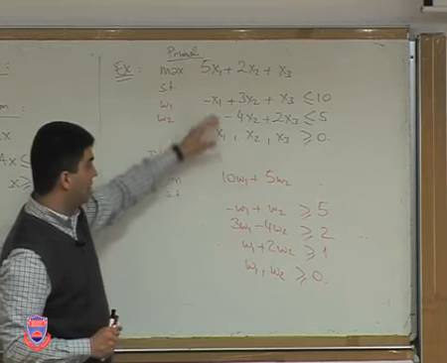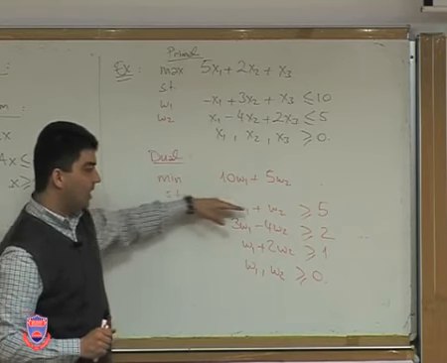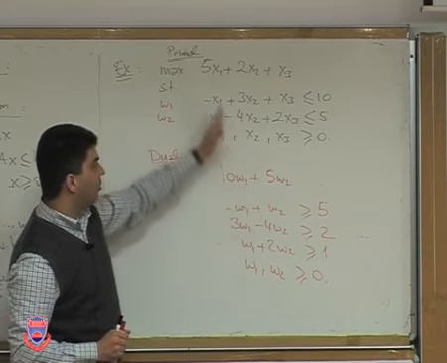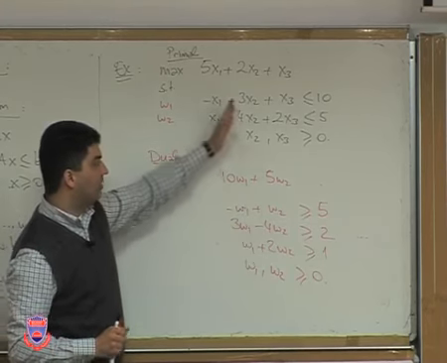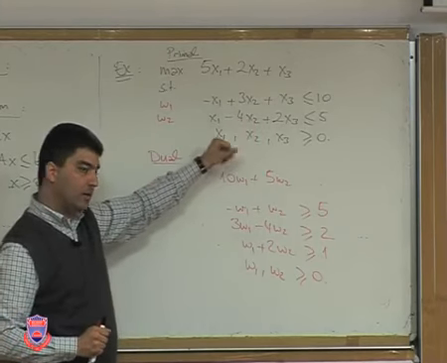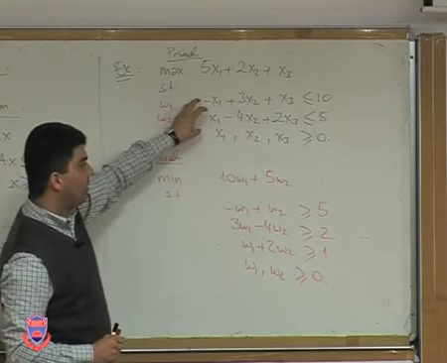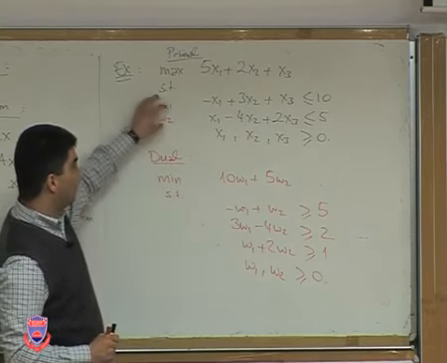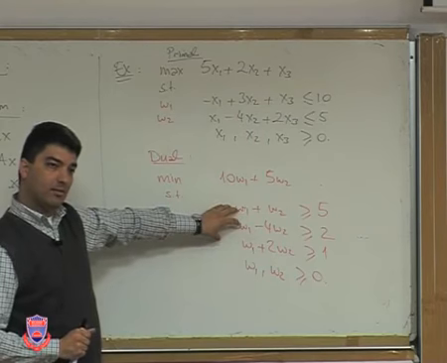So for each primal decision variable, I have a corresponding constraint. This is the constraint corresponding to the first primal variable, this to the second, and this to the third. So the number of variables here is the same as the number of constraints there, and the number of constraints here is the same as the number of variables there.